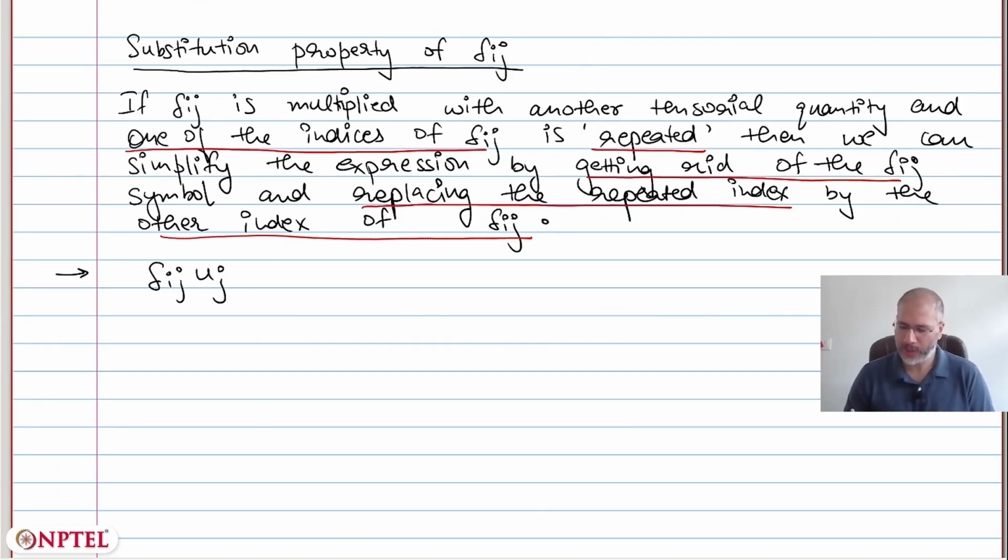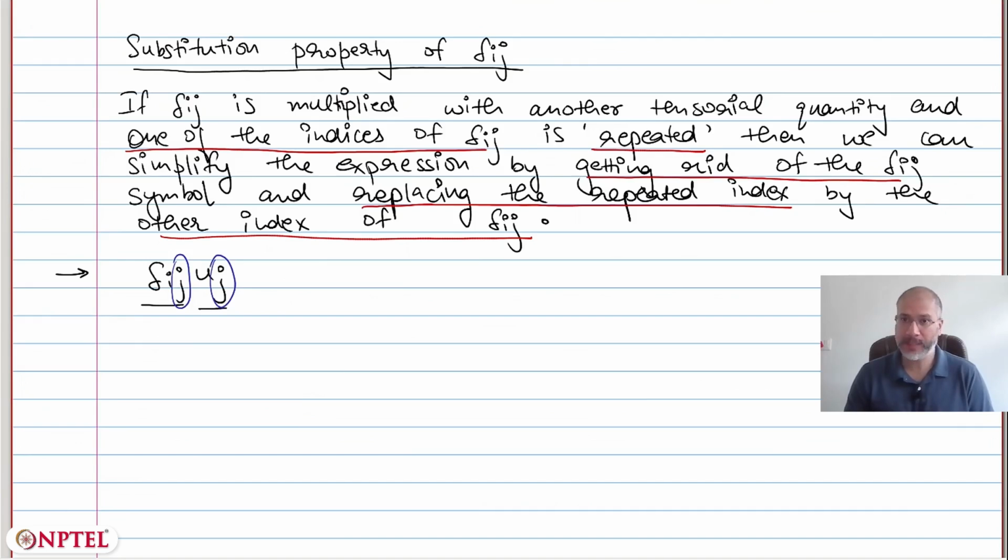If delta ij is multiplied with another tensorial quantity, that is true. Delta ij is multiplied to another tensorial quantity, which is a first order tensor uj, and one of the indices of delta is repeated. Delta has two indices, i and j, and we can see that the index j is repeated. So that condition is true as well.